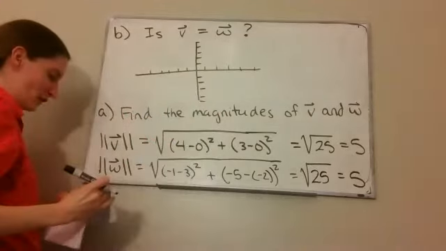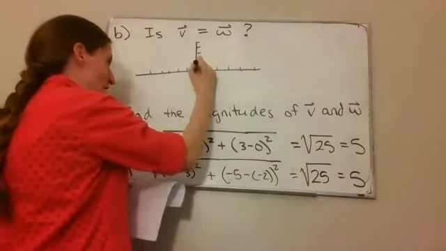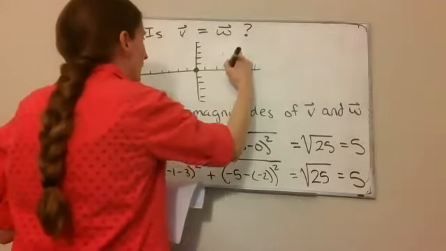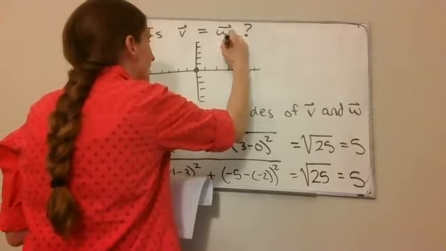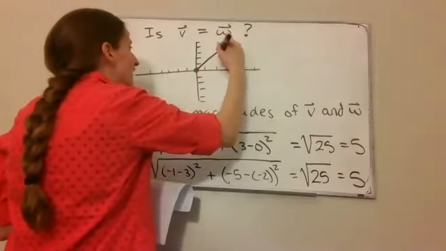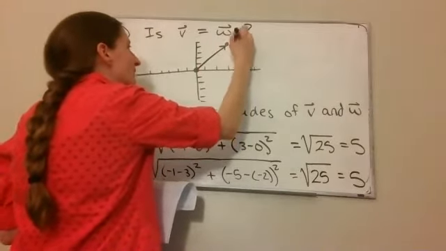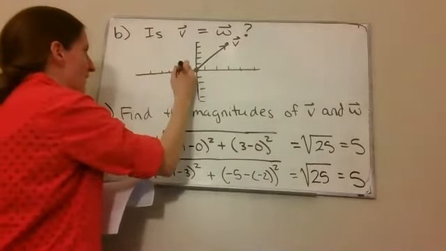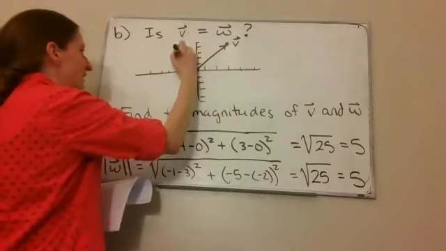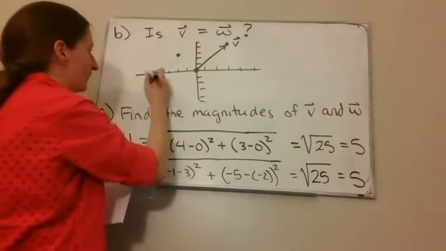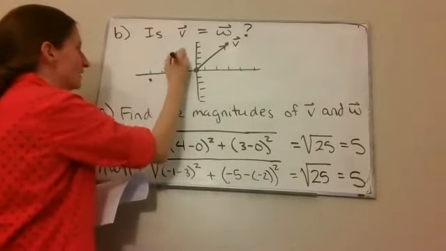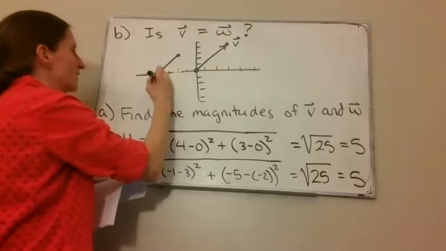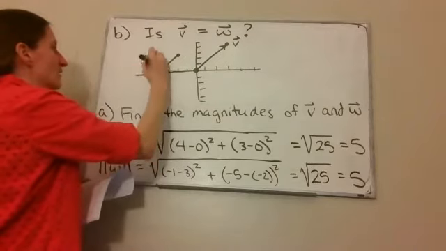We said that vector v started from (0, 0) and extended to (3, 4). So this is vector v. And vector w started at (-2, 3), and then extended to (-5, -1). It's going in that direction.